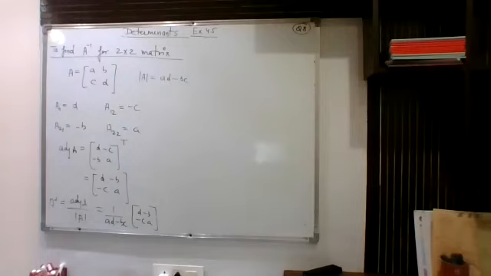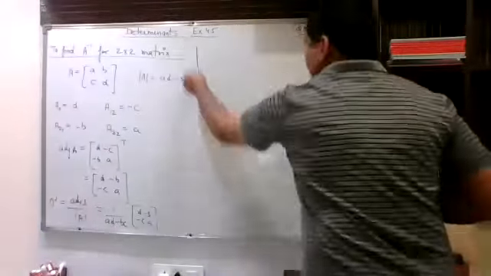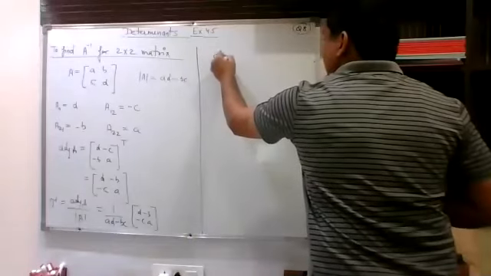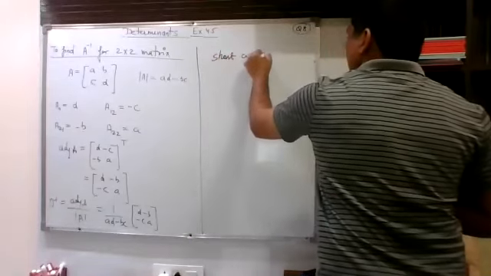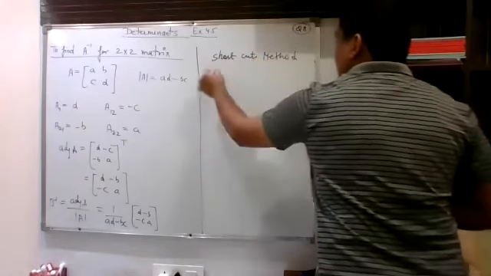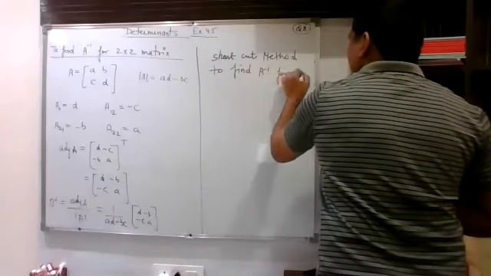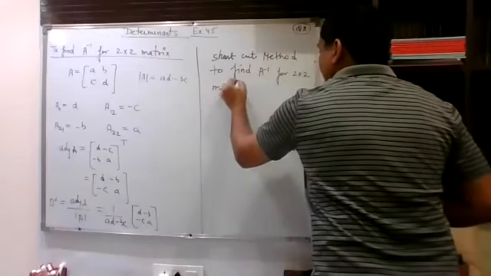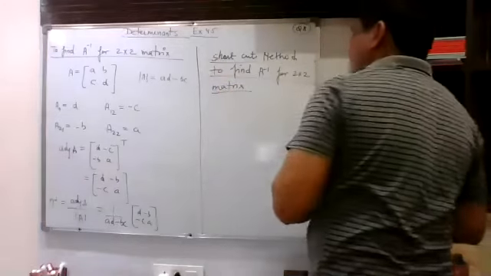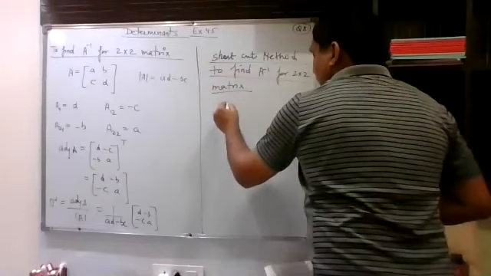Now let me tell you one direct method of finding this inverse for 2 cross 2 matrix. So this is a shortcut method to find inverse of a 2 cross 2 matrix. Okay, so here what we have to do is like this.